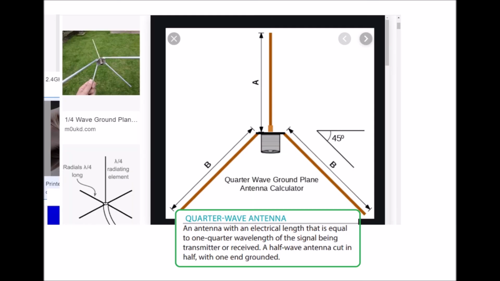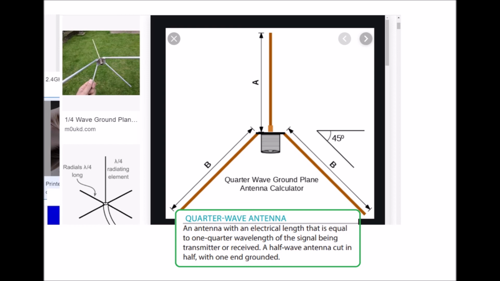Quarter wave antenna. An antenna with an electrical length that is equal to 1/4 wavelength of the signal being transmitted or received. I don't think I'm reading that wrong. I think it's just not written well. Quarter wave antenna. An antenna with an electrical length that is equal to 1/4 wavelength of the signal being transmitted or received.